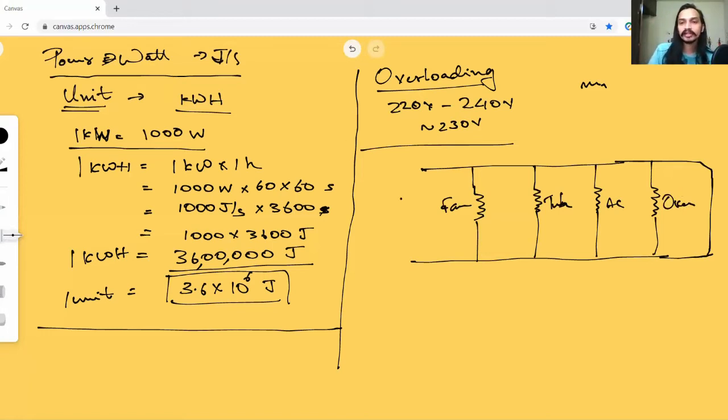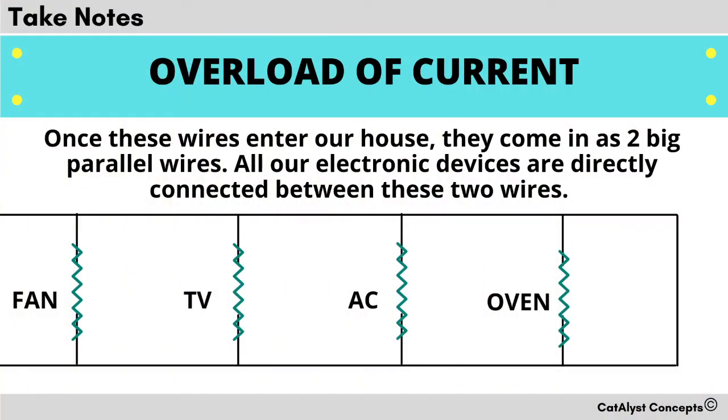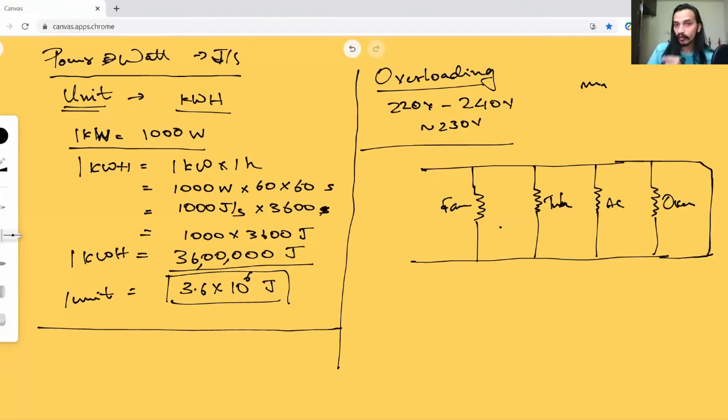All of them, if you look at this diagram, are actually connected in parallel, because this is the connection and they are all parallel branches to it. What that means is, whenever we have a parallel connection, try to recollect, we say that the voltage is constant but the current is not.